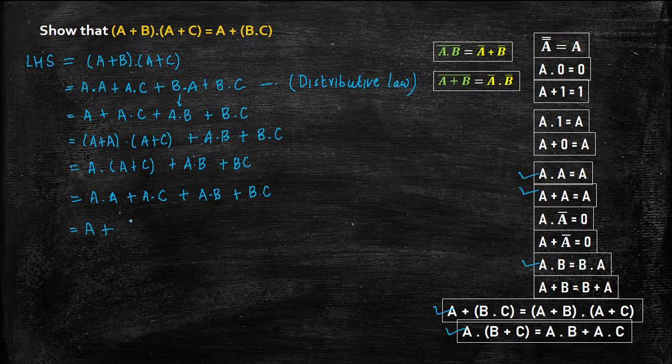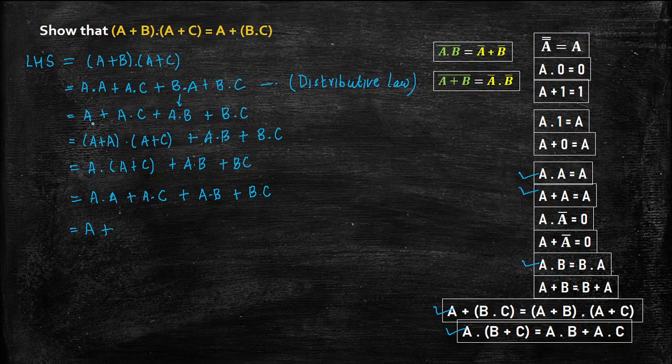Sorry, one second. Yes, what has happened here? So here I think I have made a mistake. Yes, right. Otherwise we are stuck in the loop. Same terms we are getting again, A plus A dot C. So I think at this step there should be substitution.